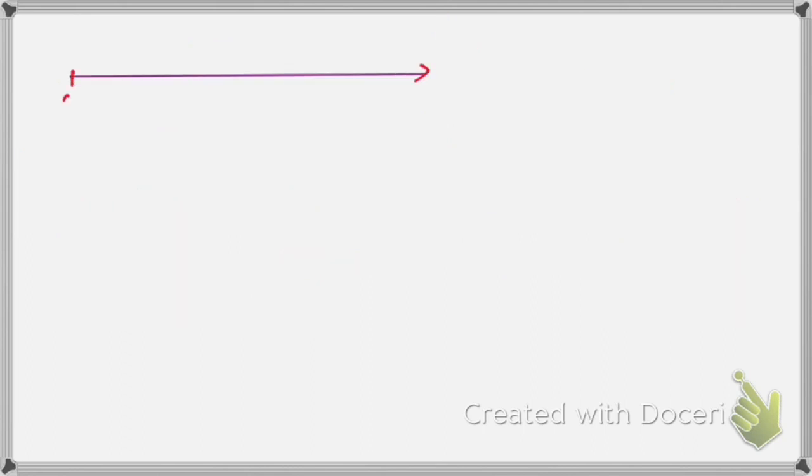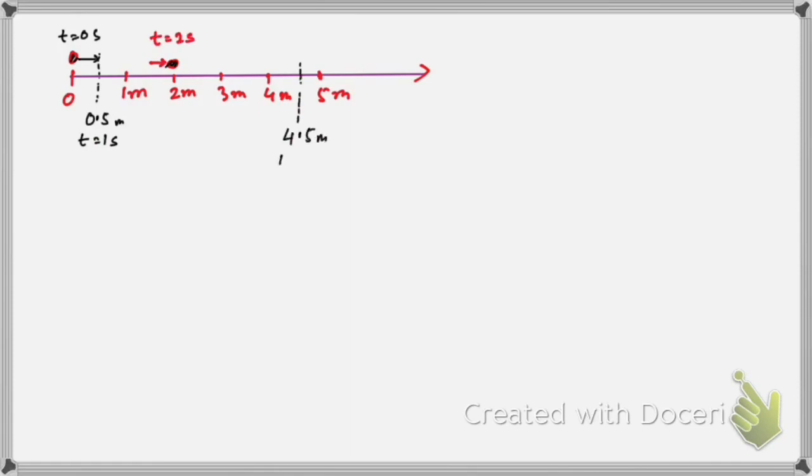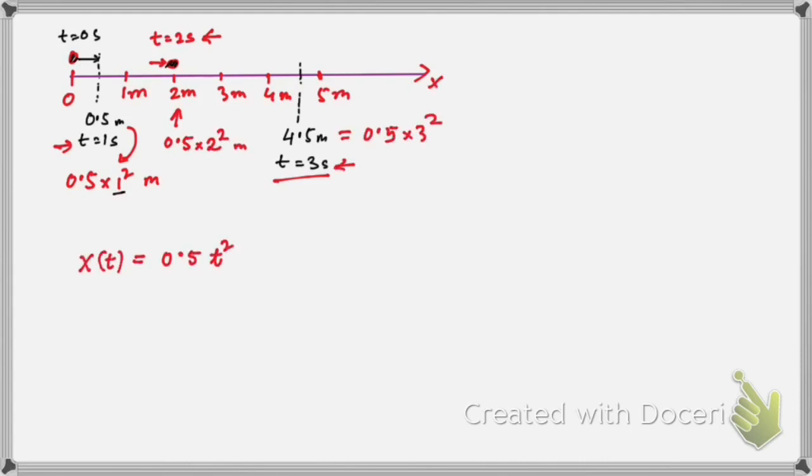So now let me take the example, that first example we had taken, where the position is a function of time t. This is the displacement, which is a function of time t, right?